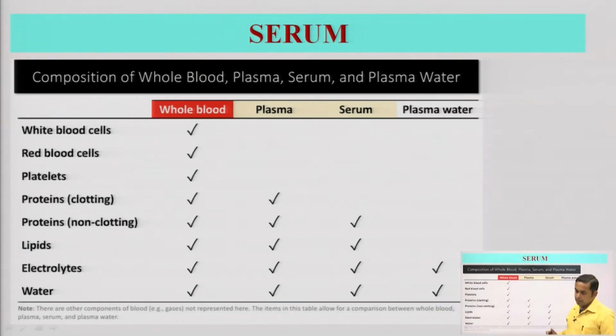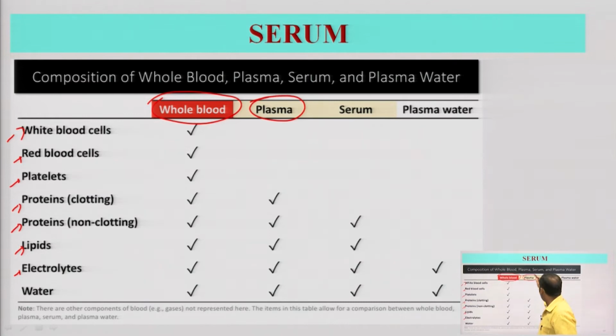Here I have a very interesting chart where I can tell you whether the various components we have been discussing in our previous lectures are present in whole blood, plasma, serum or plasma water, because ultimately all these components come under our whole blood, right.